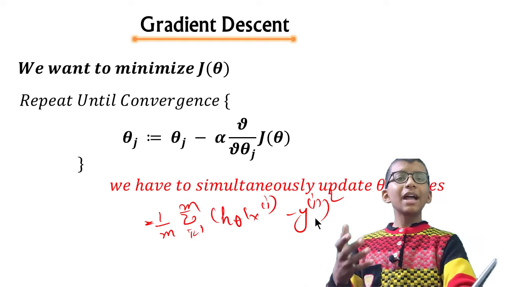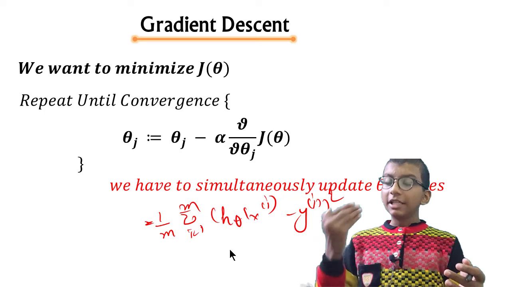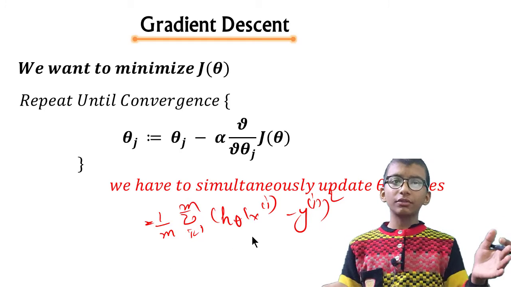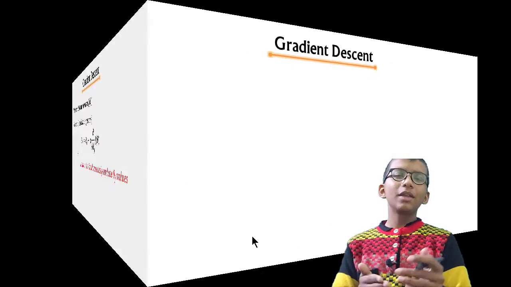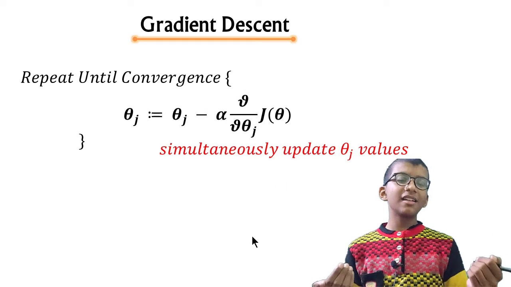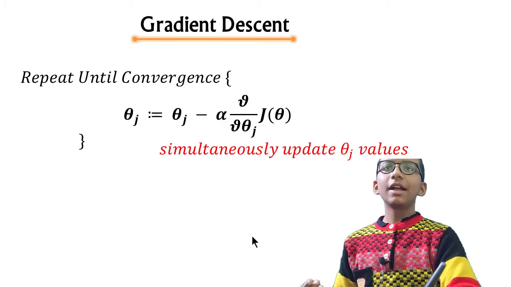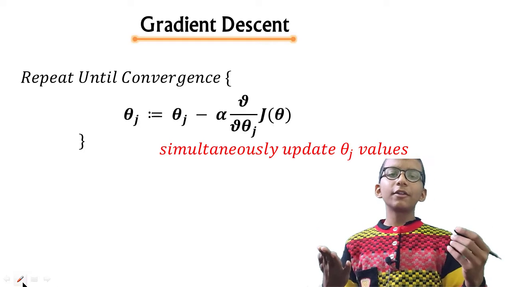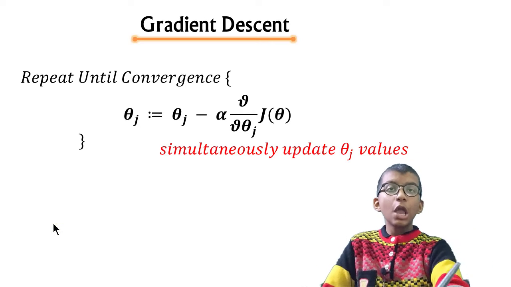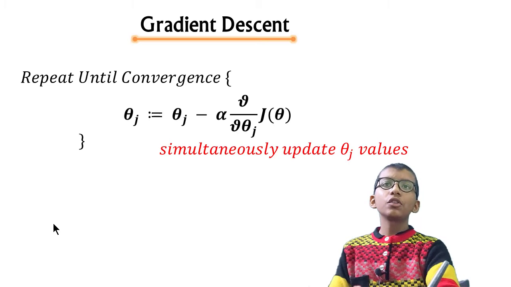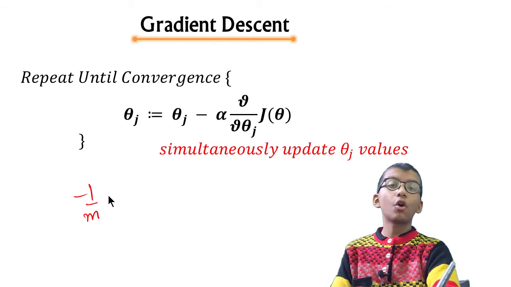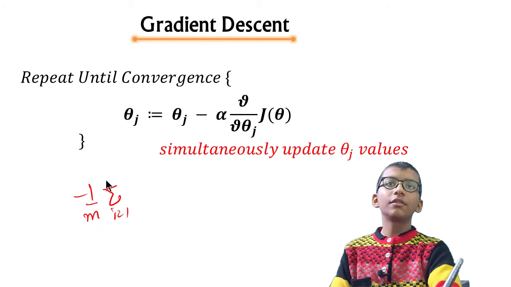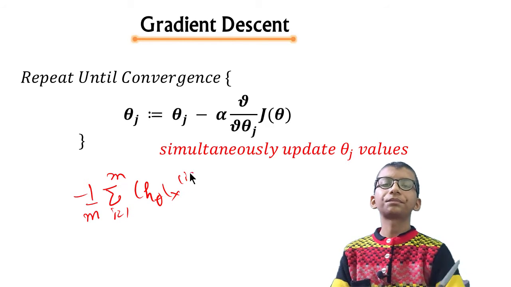So let's see the difference between linear regression gradient descent and logistic regression gradient descent. We have to simultaneously update our parameters theta j, and here we have talked about the partial derivative of our cost function. After doing all the calculus, we are going to get minus 1 by m, summing over i from 1 to m, h of x_i minus y_i, squared.